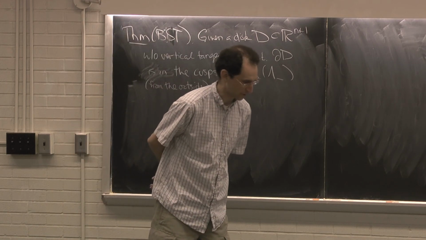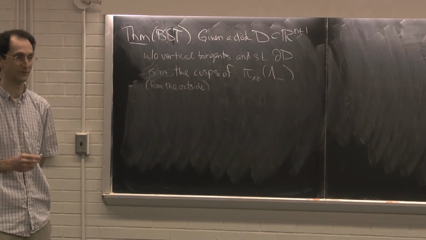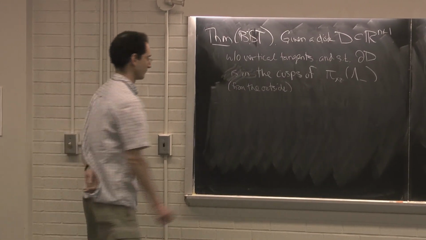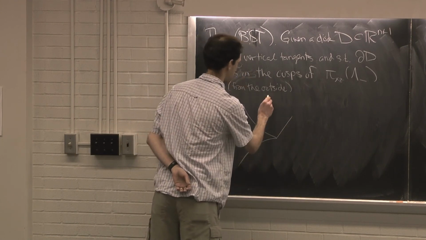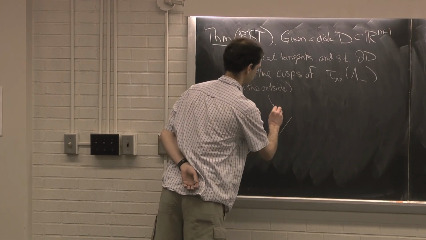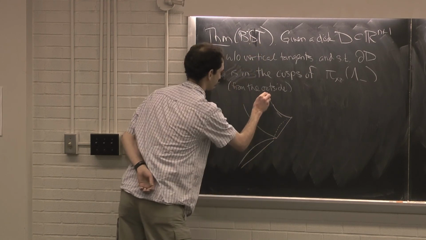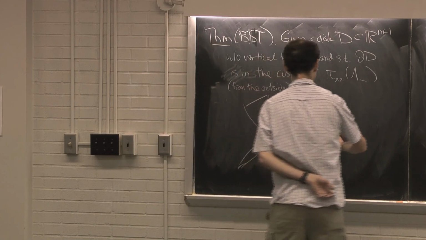So I guess I should draw a picture. And I'll just draw one in higher dimensions because A, I'm feeling brave, and B, it's prettier if I do it right. Okay, so there's half. Here's another.